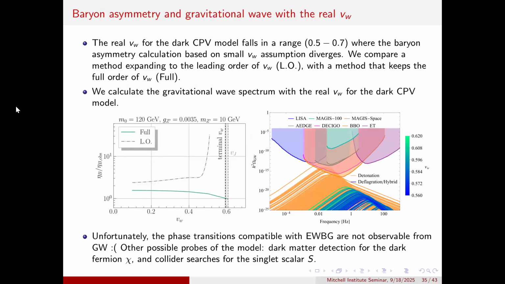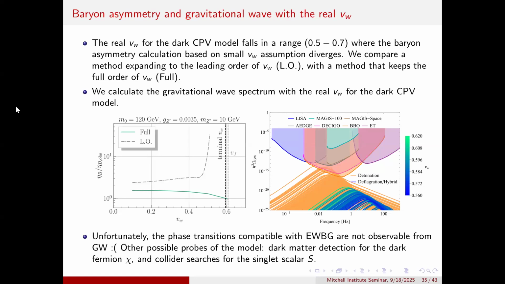Then we put everything together and calculate the baryon number. As I mentioned before, the real VW that we calculated from first principles falls in a range which is much higher than the commonly assumed value. In this case, the leading order expansion in VW, which is the conventional method of calculating baryon number, is found to diverge near the terminal VW around 0.6 here.